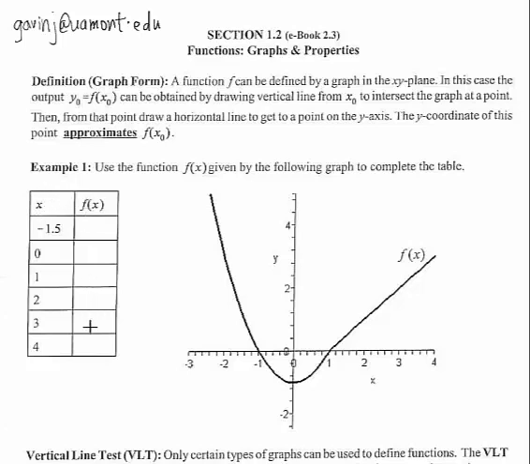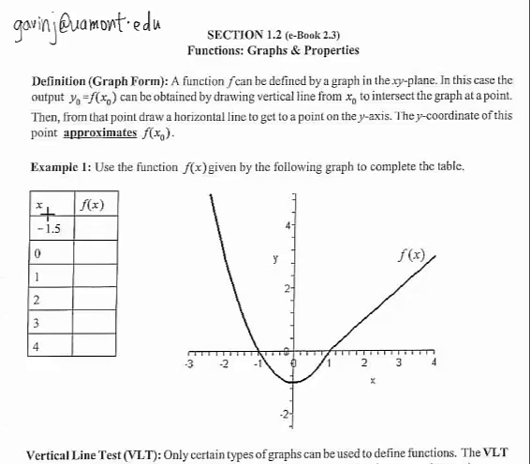Okay, we just want to complete this table, and we're going to do our best and try to get as accurate an f of x as we can. Okay, but without the actual algebraic expression, we're going to have to sort of estimate in some cases.